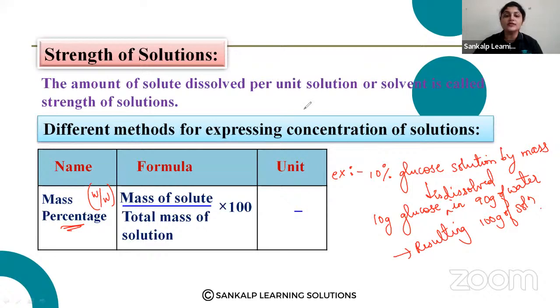So the total solution resulted will be 100 grams, and then into 100. So this is your mass percentage. What is mass percentage? Mass of the solute divided by the total mass of the solution into 100. So this is the first method for expressing the concentration of a solution.